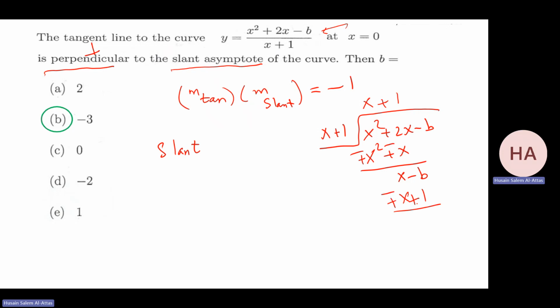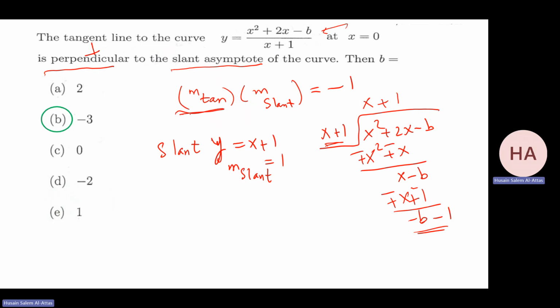So this is plus, minus, so we're getting minus b minus 1. So the degree now is less than this, so I'll stop. So what is the slant asymptote? y equals x plus 1. What is the slope of the slant asymptote? It's only 1, the coefficient of x.